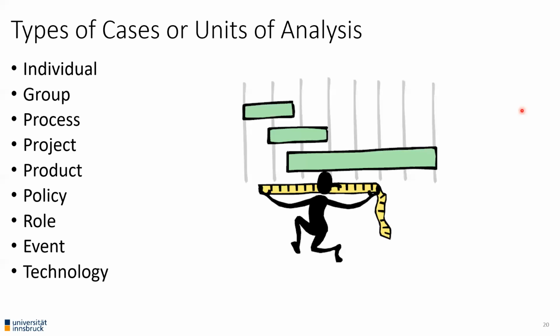You could investigate a group, for instance, open source developers, right? That could be a group, or a team. Then processes like a test process, in my case, you could take projects, products, policies, specific roles, events that happen.